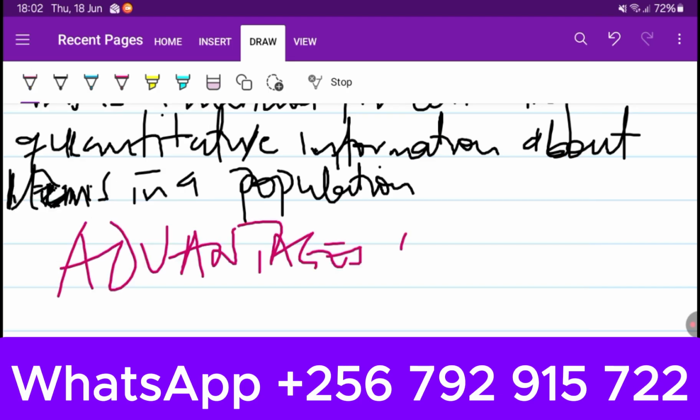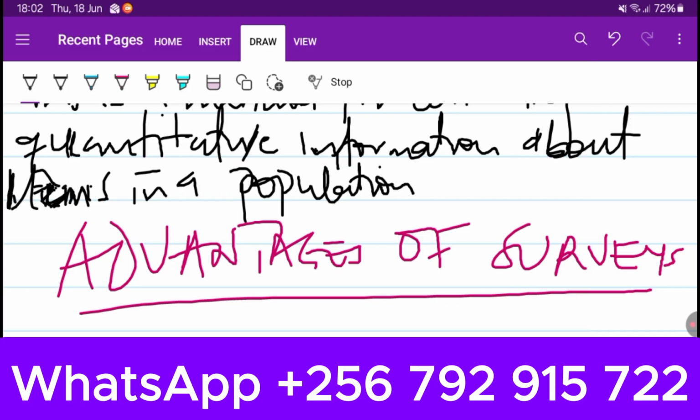Advantages of surveys. Of course, one of them is that it accommodates a larger sample size. Because if let's say you are receiving a company survey about the service that you have received, maybe they send you an email, they tell you, we are trying to carry out this survey, do you help us analyze how our customer service is, or how customers are experiencing their service and all that.